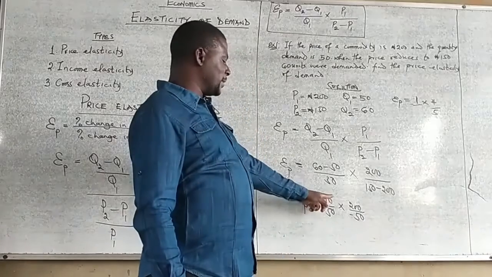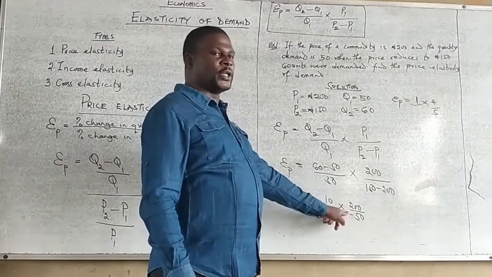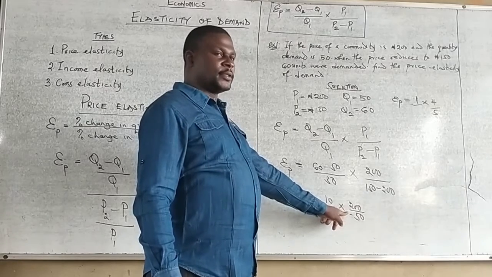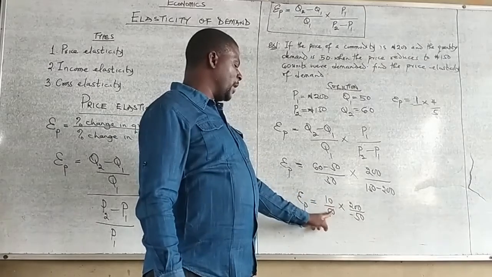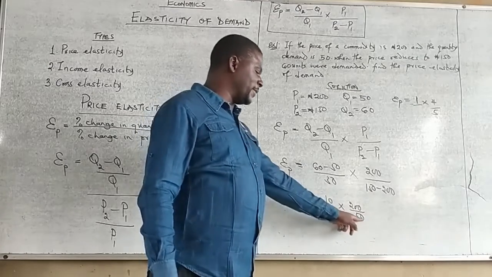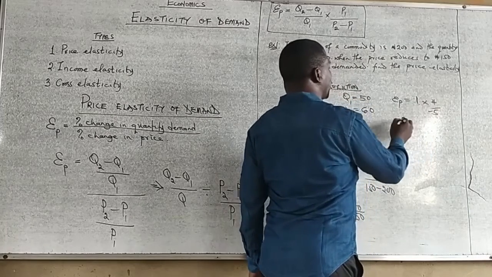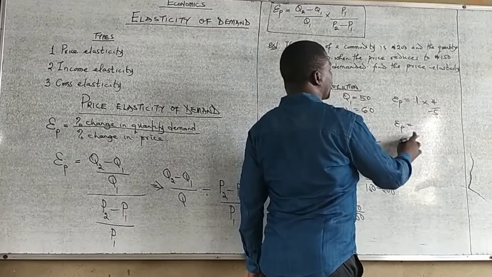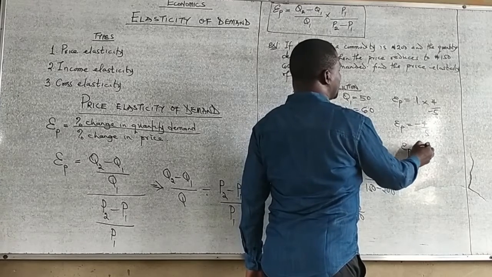How did I get that? 0 cancels 0. 50 into 200 is 4. I will be left with 100. 10 there 1, 10 is 55. So I still have minus. If you do this, what do you have? Minus 4 over 5. Now what's your answer? 0.1.